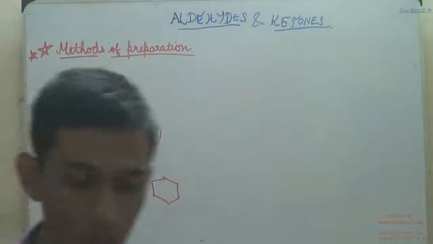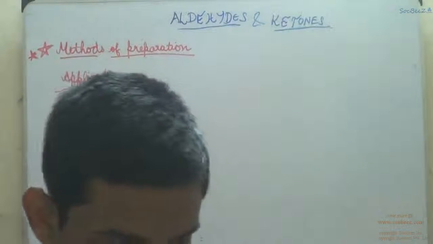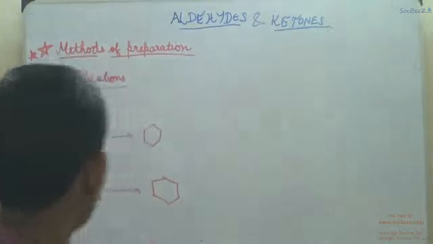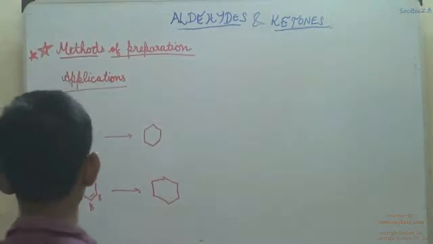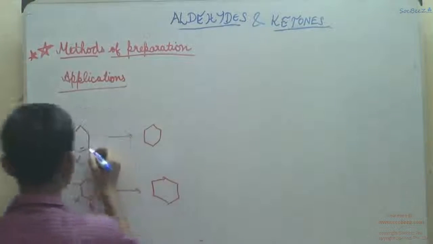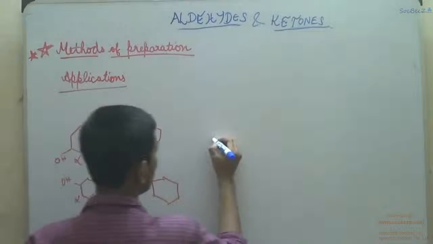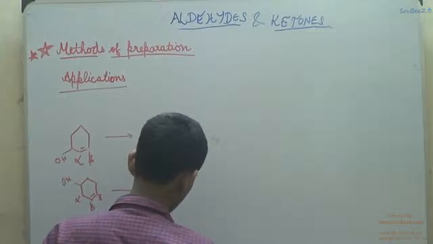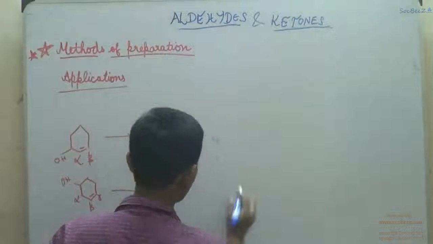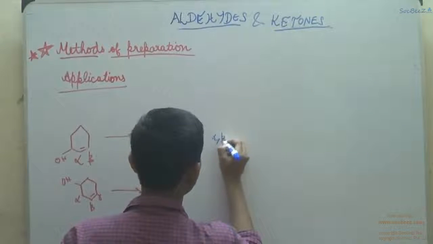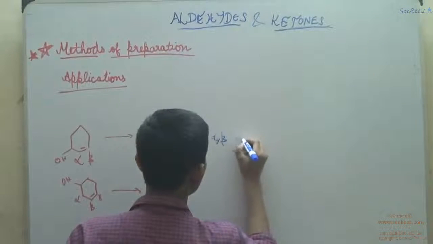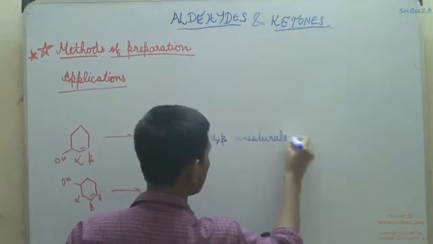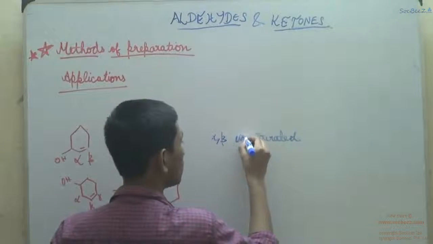So what you have in front of you is nothing but an alcohol, which is an unsaturated alcohol. This is your alpha beta unsaturated alcohol.